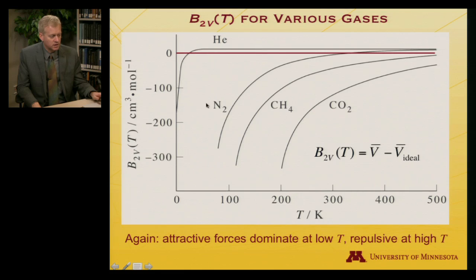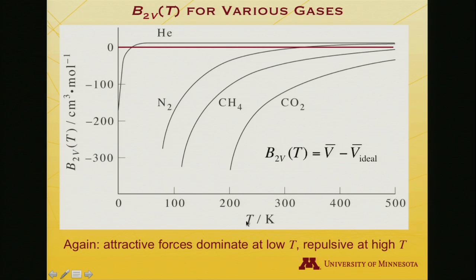Well, now that we have this intuitive feeling for what B2V means, let's actually take a look at some B2V data as a function of temperature for a variety of gases. So I've got nitrogen gas, methane, carbon dioxide on this slide, and I am plotting B2V versus temperature.